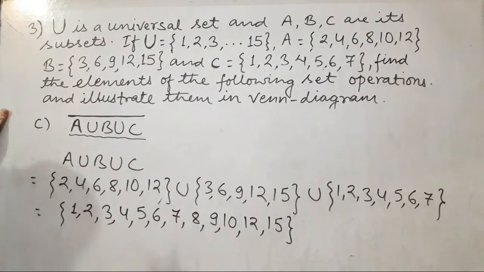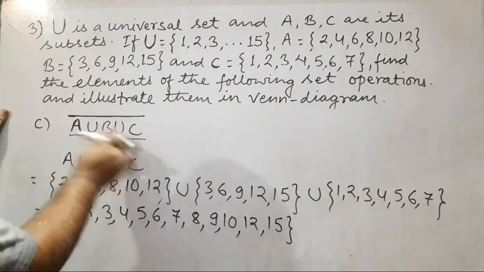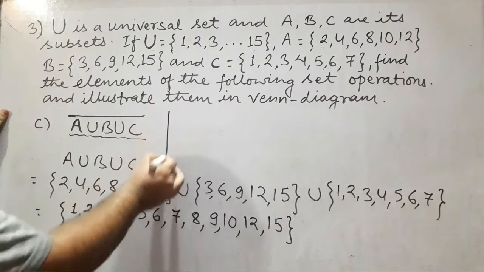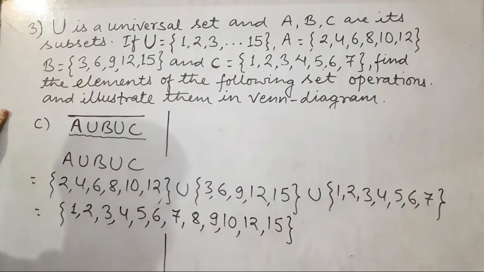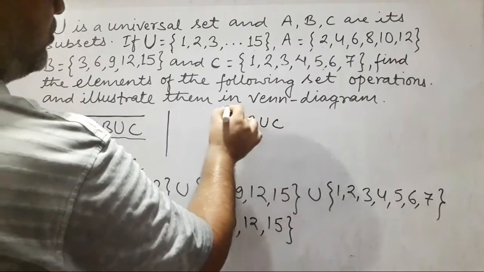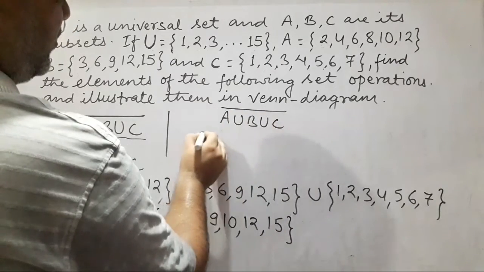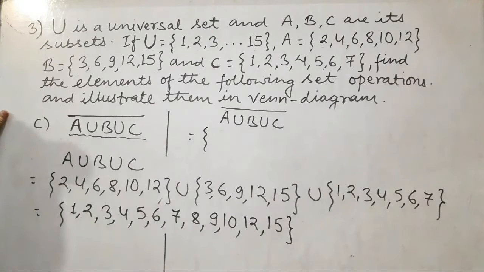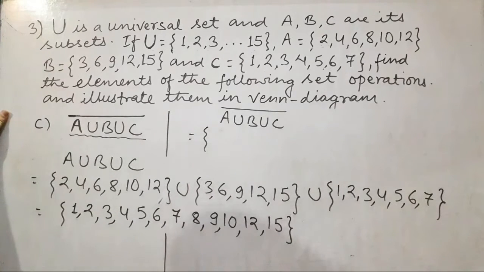Now it's time for A union B union C complement. Now let's find out A union B union C complement. So either we can use the formula or we can write directly.